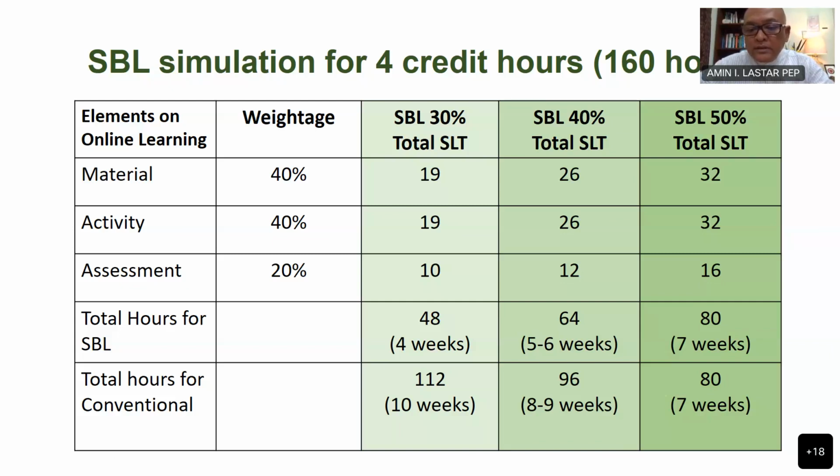You see, the weeks are still the same, but the SLT hours are different based on PTG, 30%, 40%, or 50%. The hours here are different. We will provide you this table for your reference. Don't worry about this one, because once we complete all these roadshows, the information will be given to all in QMS, of course.